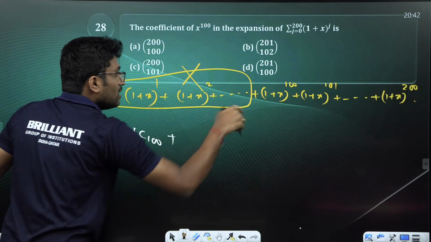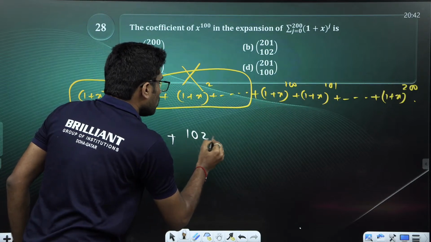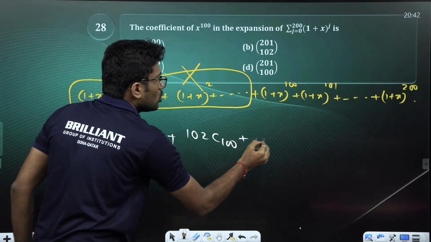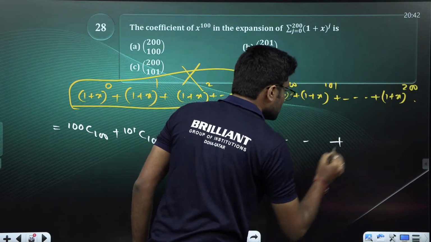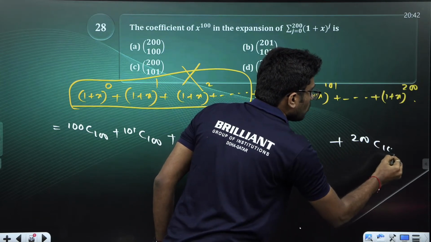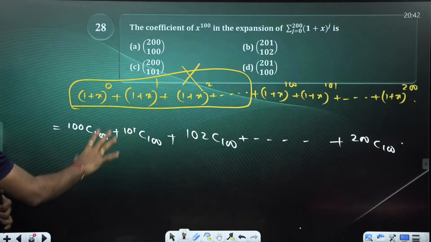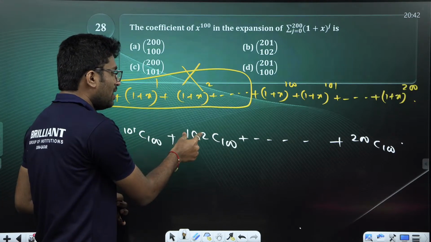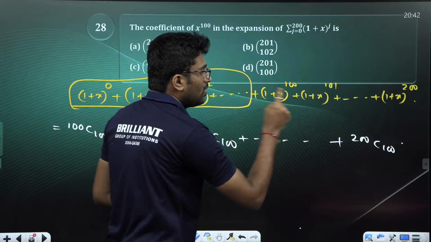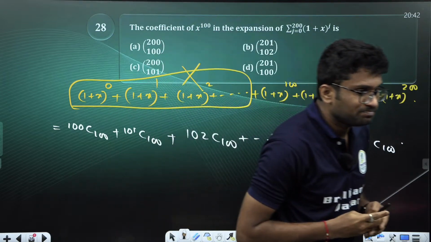In the next case, 102C100 and so on, we get 200C100. So this is what my required thing is: 100C100 plus 101C100 plus 102C100 and so on plus 200C100.